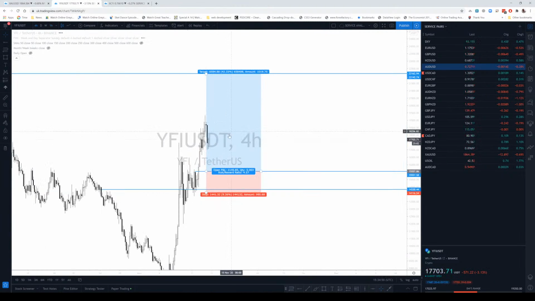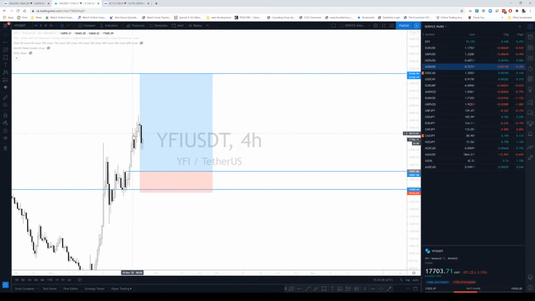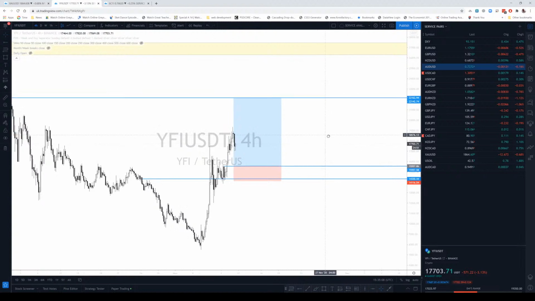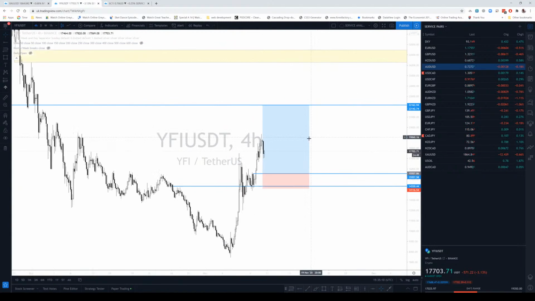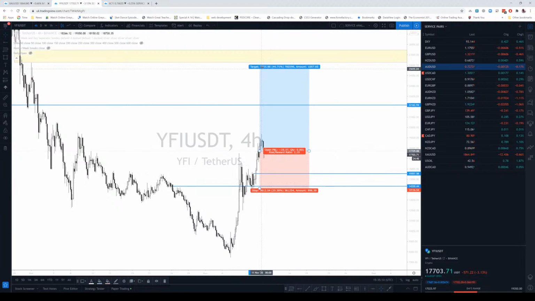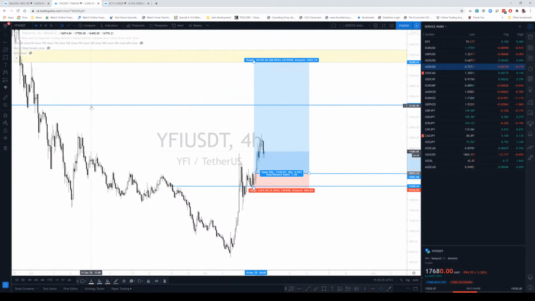So on the 4 hour, you can jump in with a protection here. If you're like me and you want to bring your stop down here and look for this upside objective, that's also fine. Or you can wait for that pullback and then look for that, with the first target here.